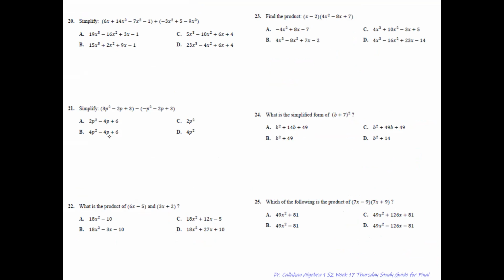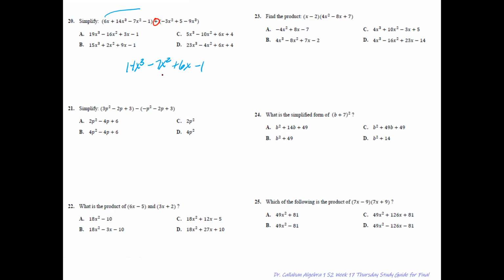All right, so for number 20, let's take a look at this part here. You are going to be adding polynomials. Remember, you want to start off with 14x cubed minus 7x squared plus 6x minus 1. Given the fact that this is a plus, you don't need to change the signs.